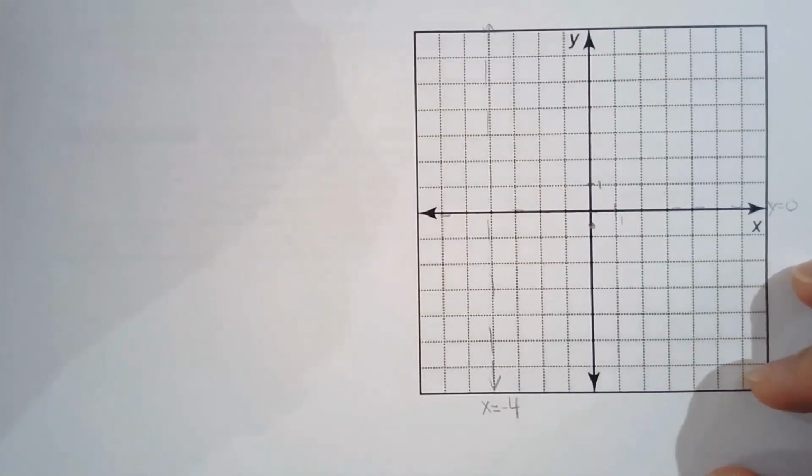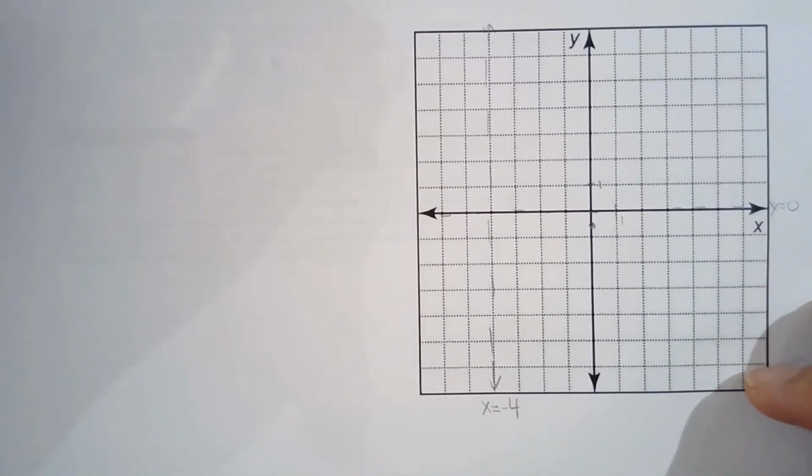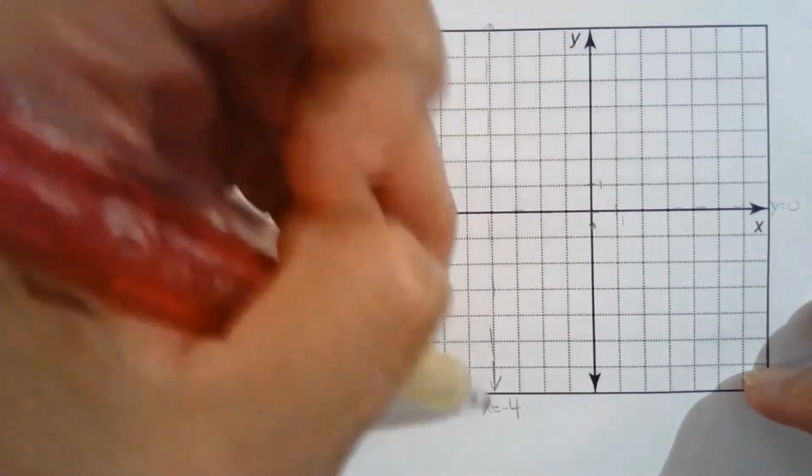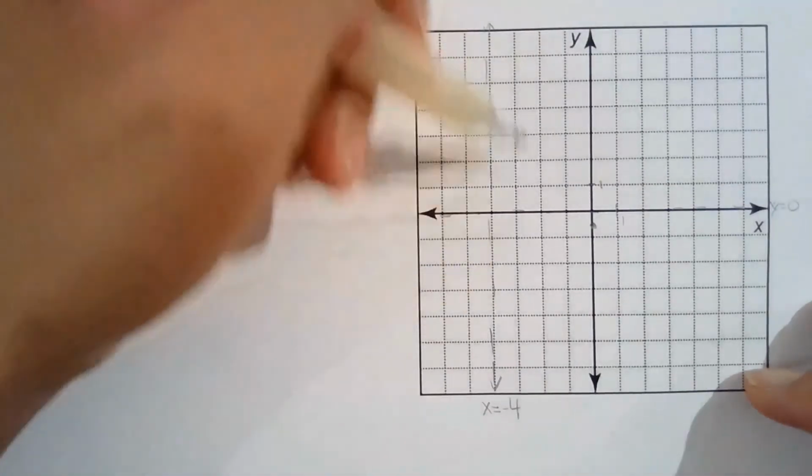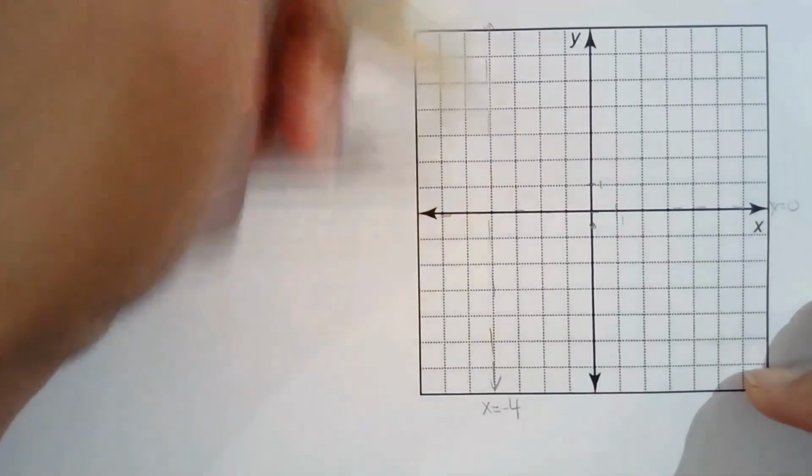Alright, let's see. Anything else we have here? Nope. Okay. So I always ask my students, let's look at this vertical asymptote here. We have a vertical asymptote of x equals negative 4. Okay, and I'm going to work with the right-hand side of this vertical asymptote.